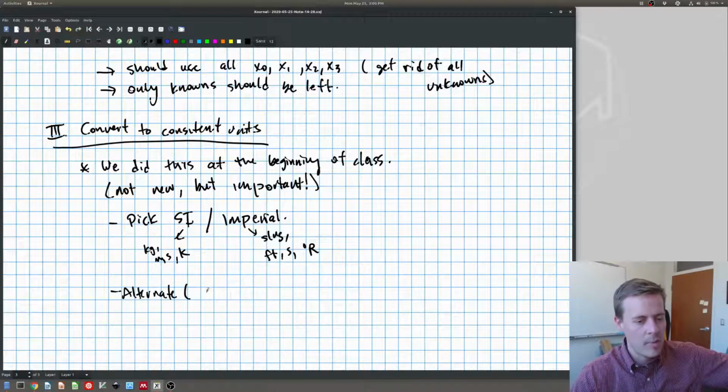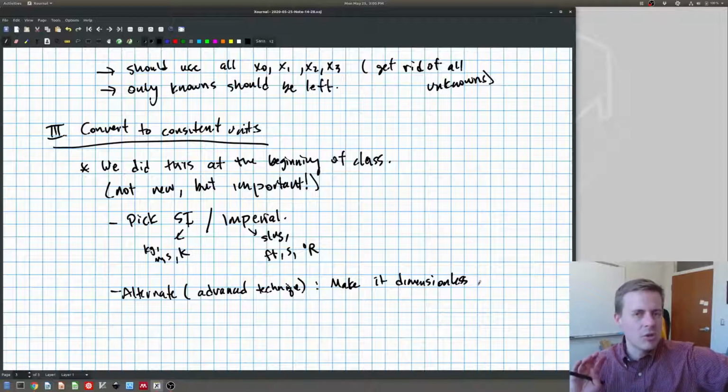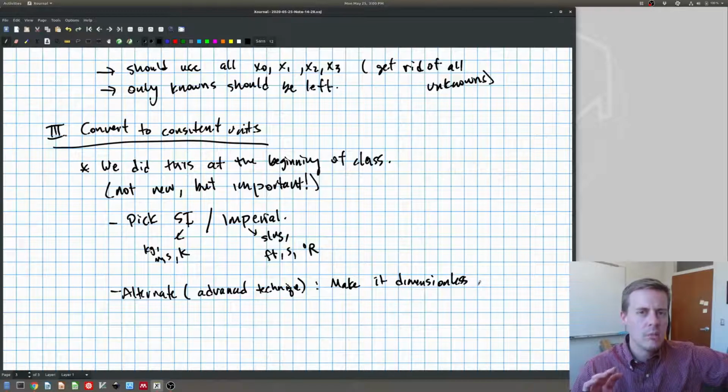As an alternate, or what I might call an advanced technique, would be to make it dimensionless. The reason I throw this one in there is because as you go on in your engineering career, you're going to learn about dimensionless numbers like the Reynolds number and the friction factor.